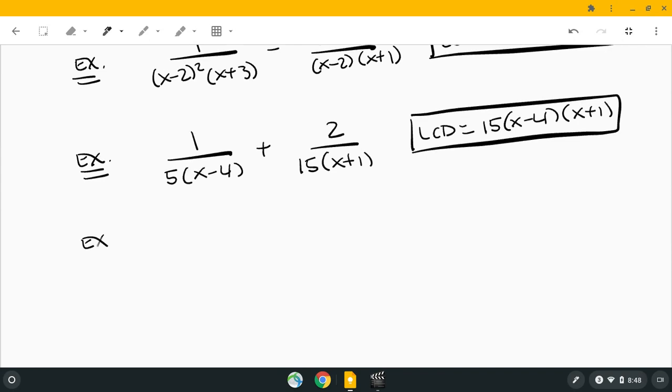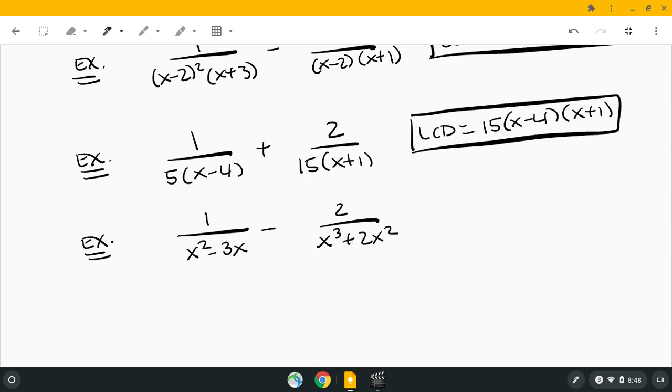All right, let's take a look at this one over here. Suppose that I have 1 over x squared minus 3x, minus 2 over x cubed plus 2x squared.